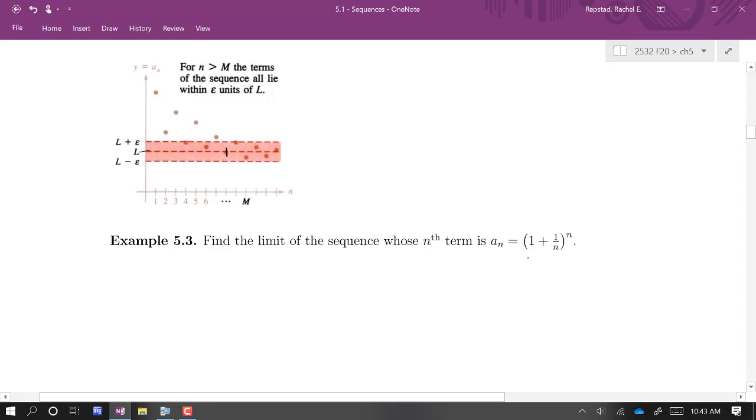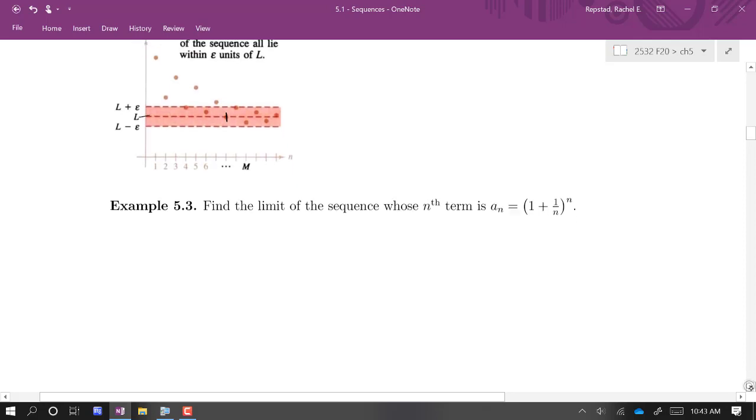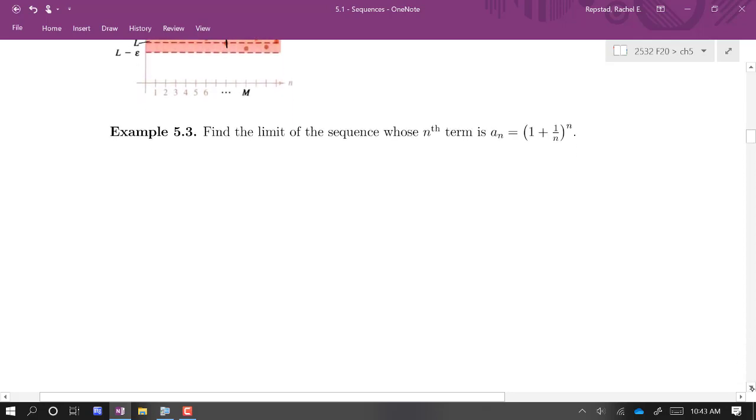So notice that we have n appearing in both the base and the exponent. And it might not surprise you in that case that we're going to start by saying let's let y equal this limit as n approaches infinity of 1 plus 1 over n to the n power. So we want to find the value of y, and what we're going to do first is take the ln of both sides.